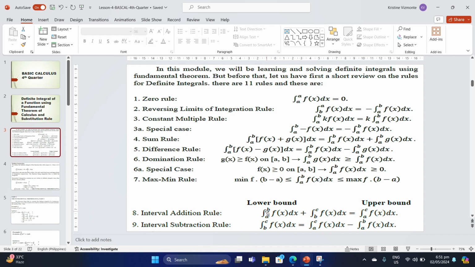For the integral addition rule, the definite integral from a to b of f of x dx plus from b to c of f of x dx equals the definite integral from a to c of f of x dx.